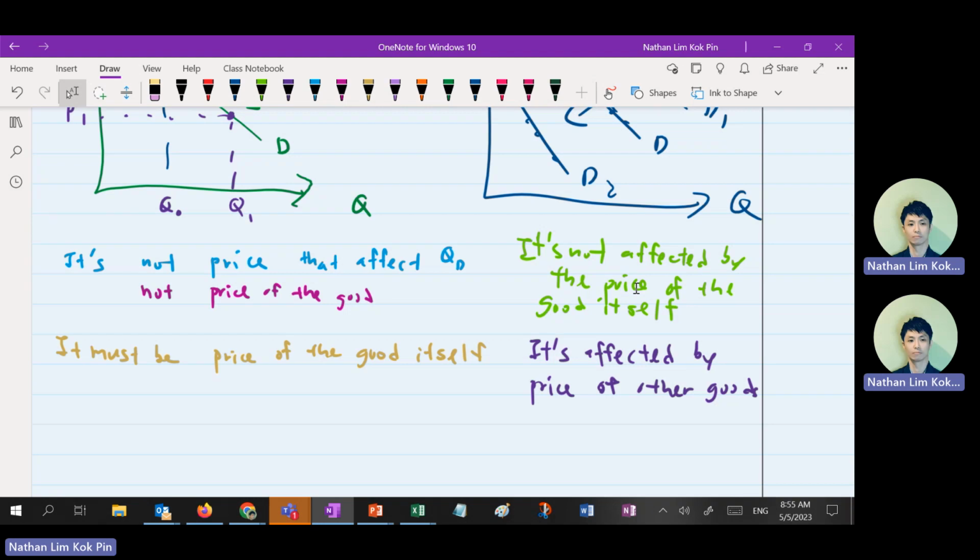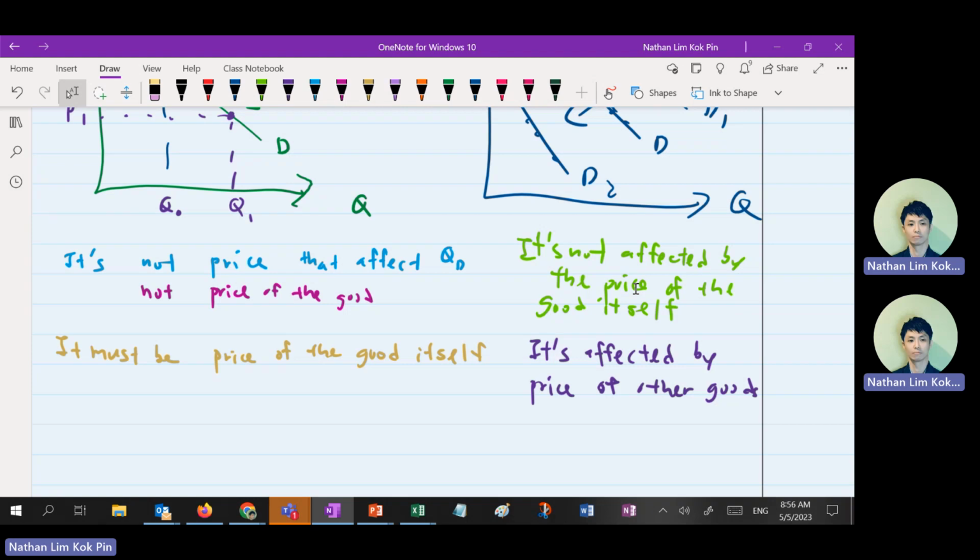All right, another factor that we talked about in the previous class is income. Income is also on the demand, not on quantity demanded. Income will shift the demand curve left and right. When I use the word income, is income related to the price of the good itself or not? Yes or no? Is income equal to price of the good itself?